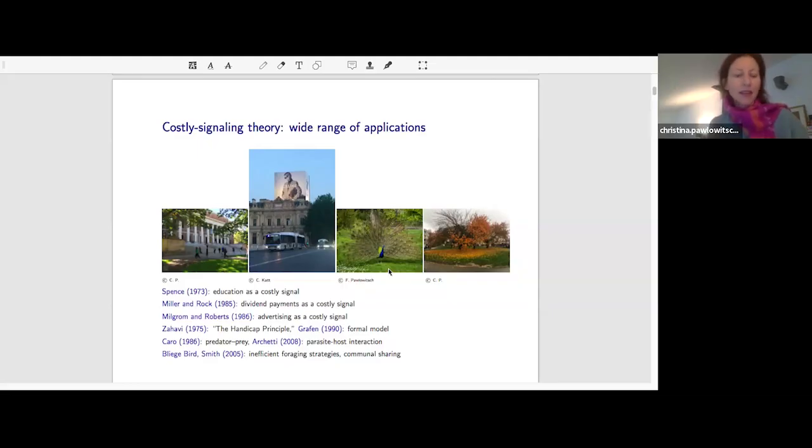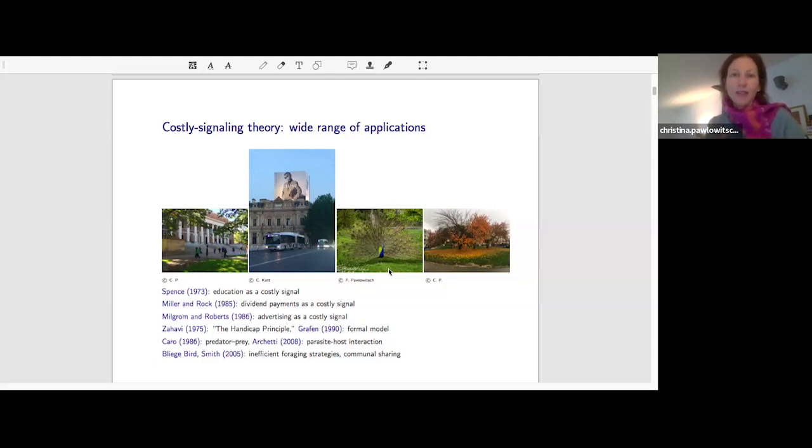And Zahavi, in the context of this question, advanced this idea. Usually the explanation was that females have a preference for this trait, and this is why it pays off for males to express this trait.